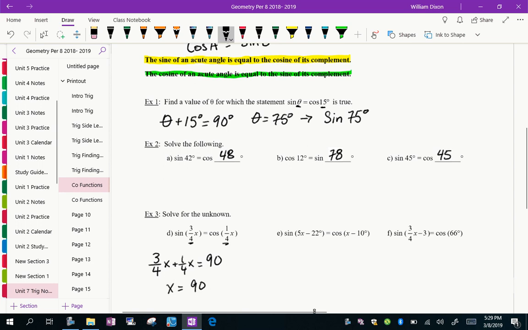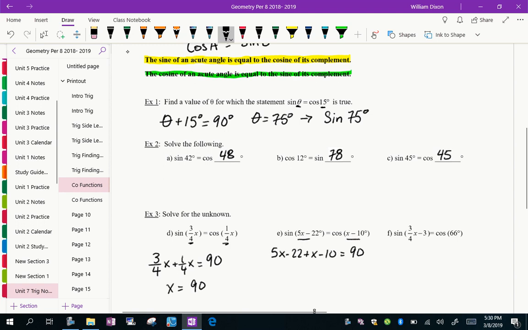E says the sine of 5x minus 22 degrees equals the cosine of x minus 10 degrees. Well, same setup, because we know those two angles added together equal 90 degrees. So I'm going to have 5x minus 22 plus x minus 10 equals 90. I'm going to combine my like terms.